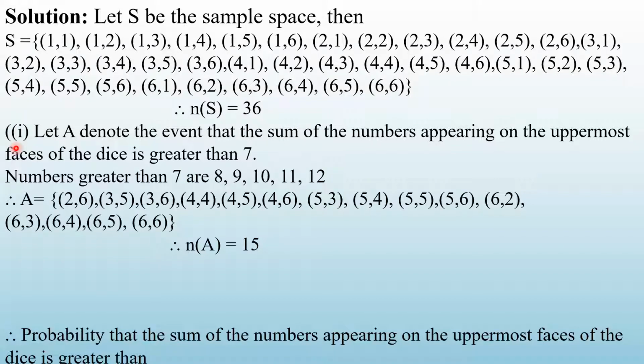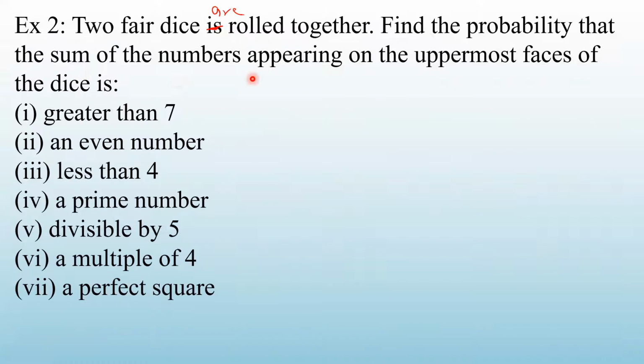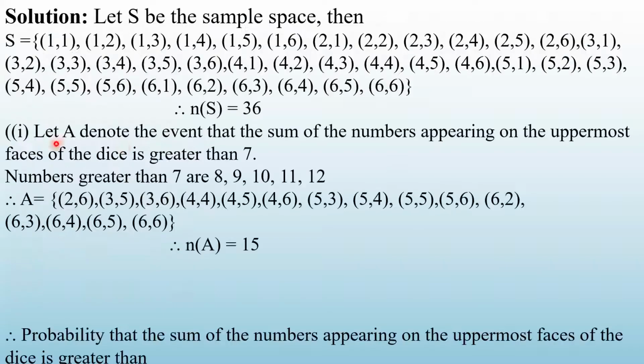Now let us take the events one by one. The first one is that the sum of the numbers should be greater than 7. Let A denote the event; give that event a name, A, B, C, D, anything. So let A denote the event that the sum of the numbers appearing on the uppermost faces of the dice is greater than 7.